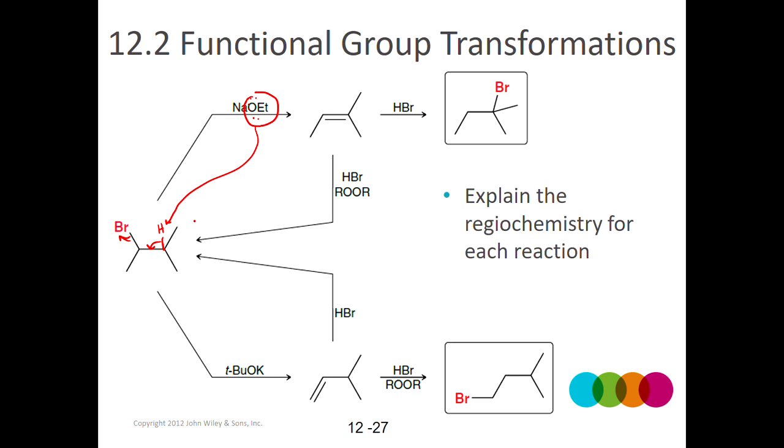And as the electrons are moving, during the transition state, as these bonds are breaking and forming, that would start to produce a pi bond that's more stable than if we were starting to produce a pi bond down here by picking off this hydrogen.